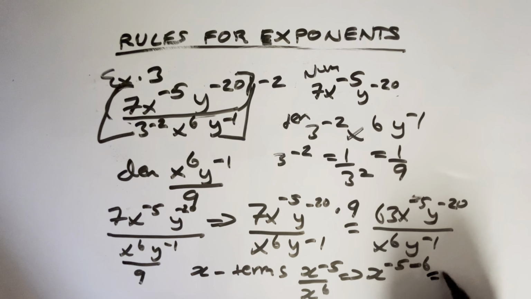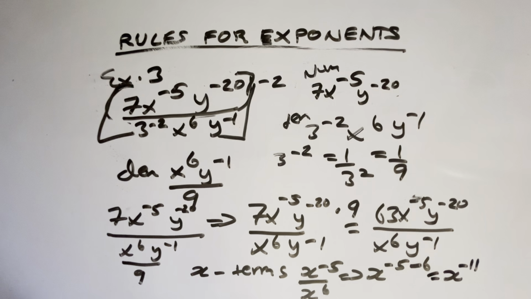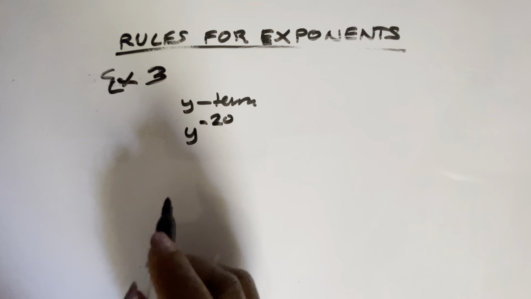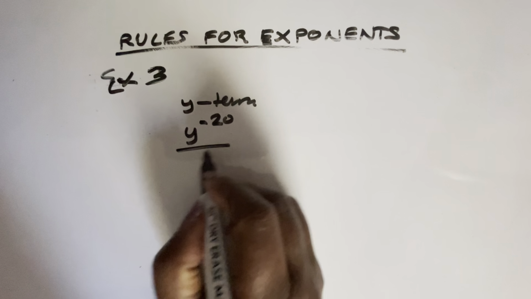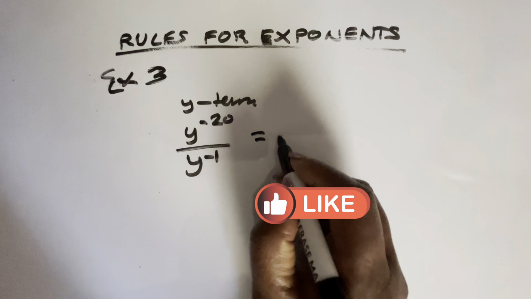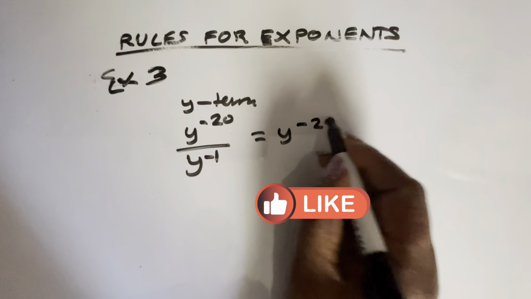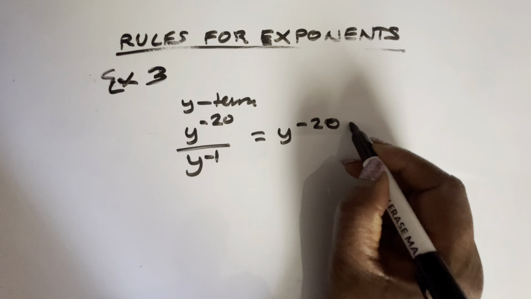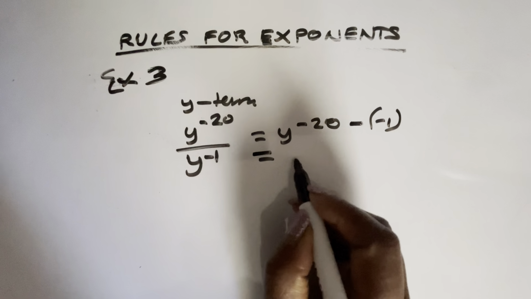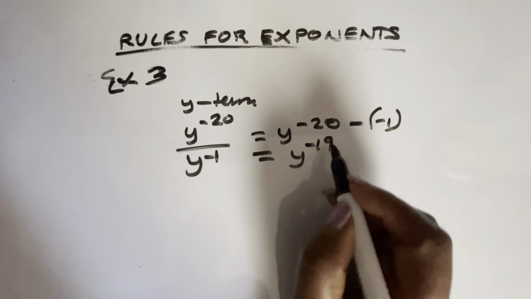And this will give us x to the minus 11. For the y terms, y to the minus 20 over y to the minus 1, which is going to give us y to the minus 20 minus a -1, and that will give us y to the minus 19.